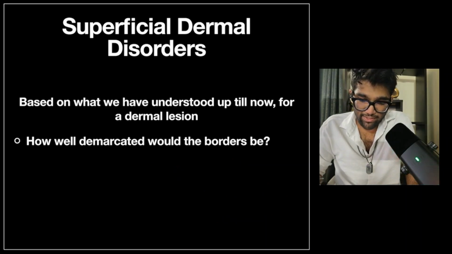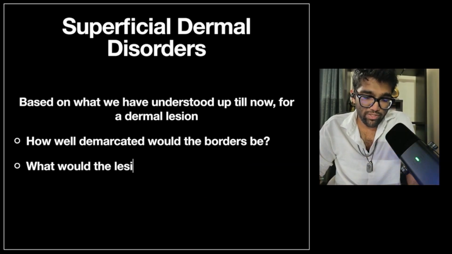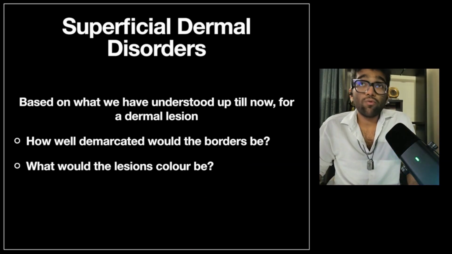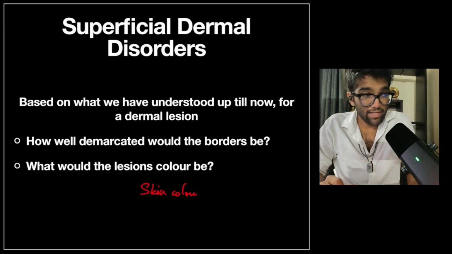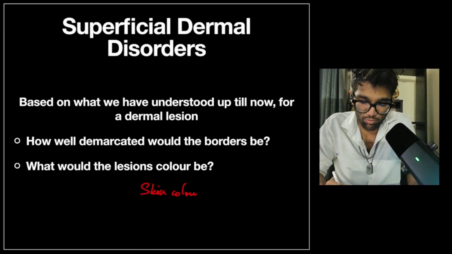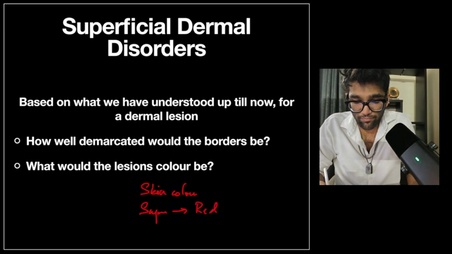Now, the second thing that we can deduce is what would be the lesion color. So again, this would depend on the skin color of the patient in general. Okay, and it will depend on how deep the lesion is. So since it is superficial dermis, the more superficial the lesion is, the less Rayleigh scattering will occur. So the more red it will be.